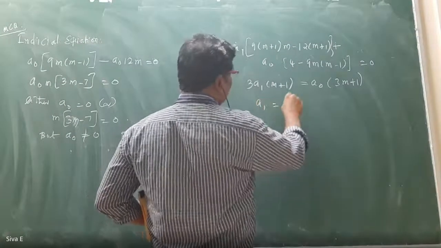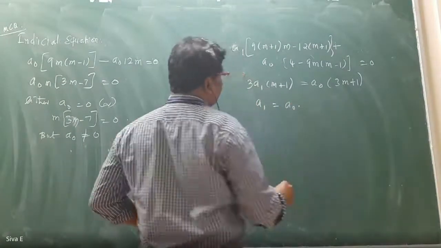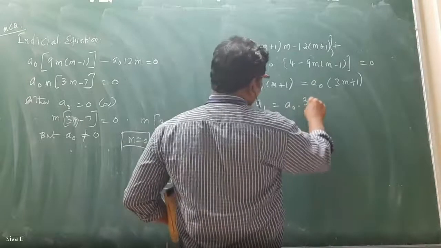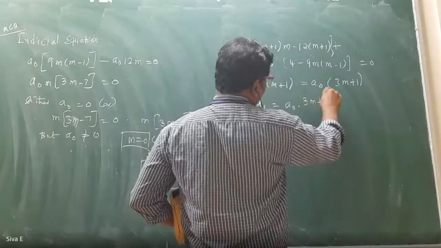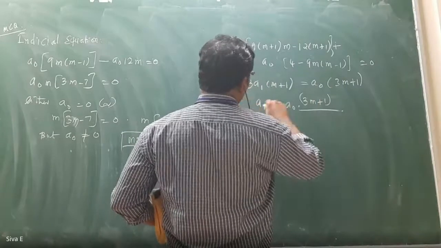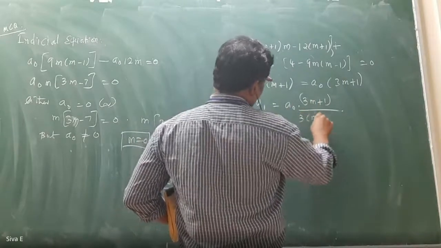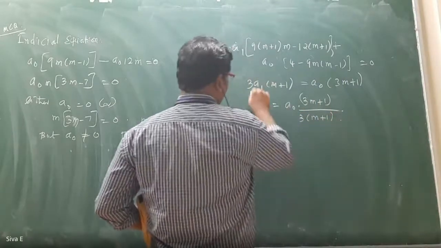So a1 equal to a naught into (3m plus 1) by 3 into (m plus 1).